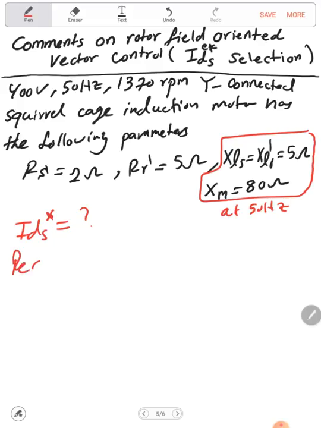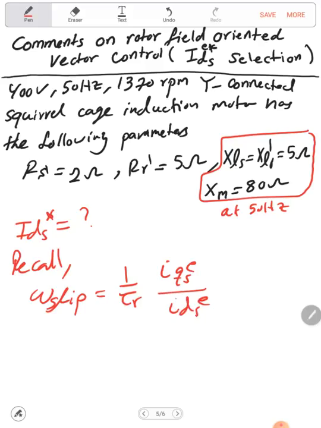Now recall, in the rotor field-oriented vector control, we end up with the following relation for the slip speed: omega slip equals 1 over tau r, IQSE over IDSE.